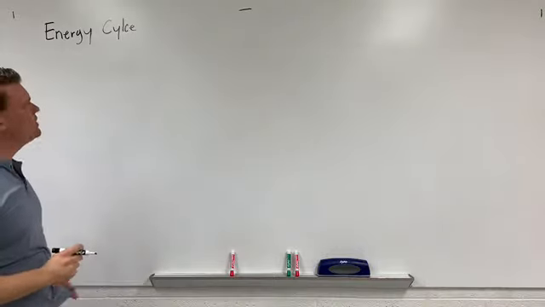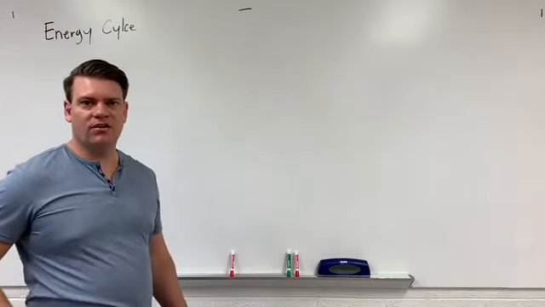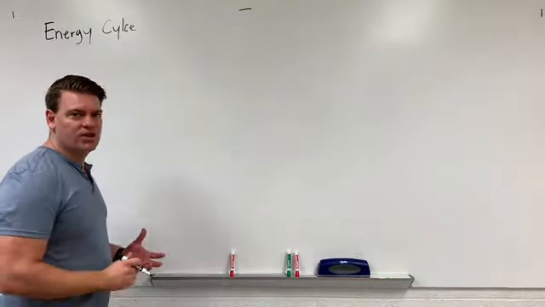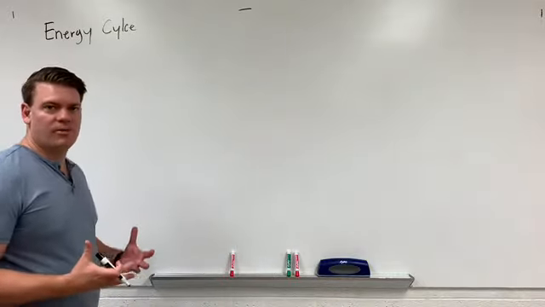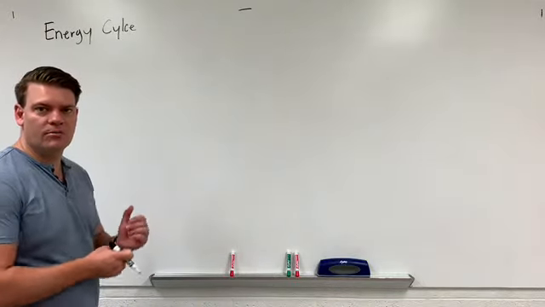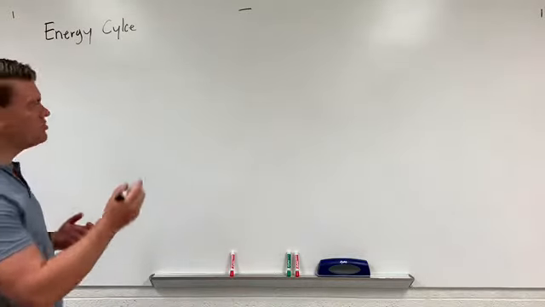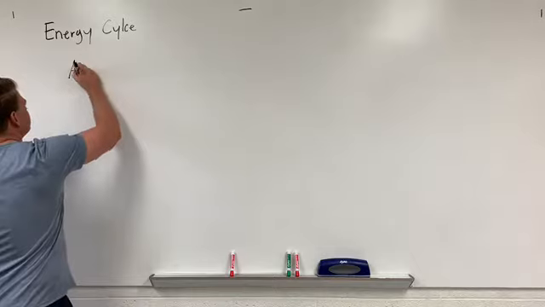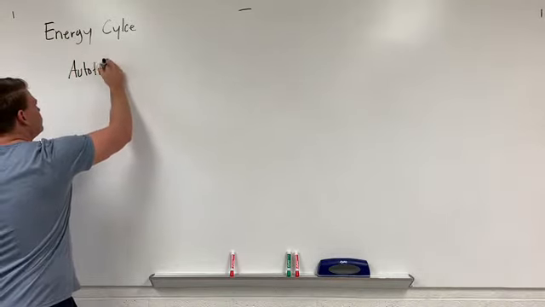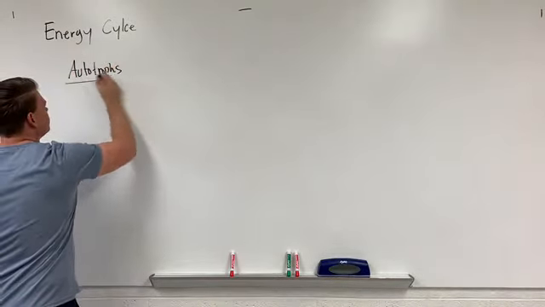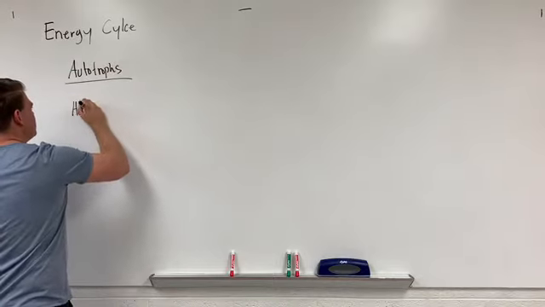Specifically, this is going to be our energy cycle in life. With our energy cycle, we have two main forms of organisms out there. We have what we call our autotrophs and our heterotrophs.